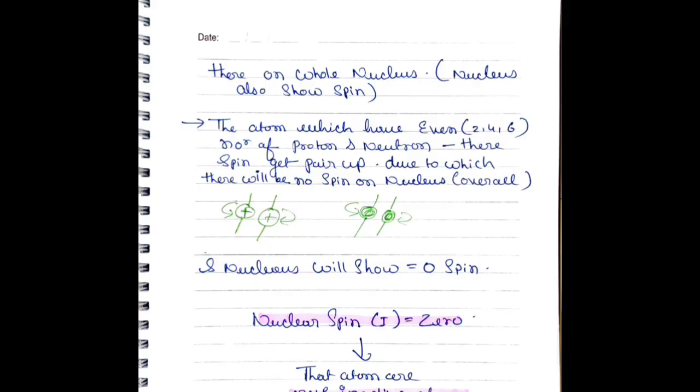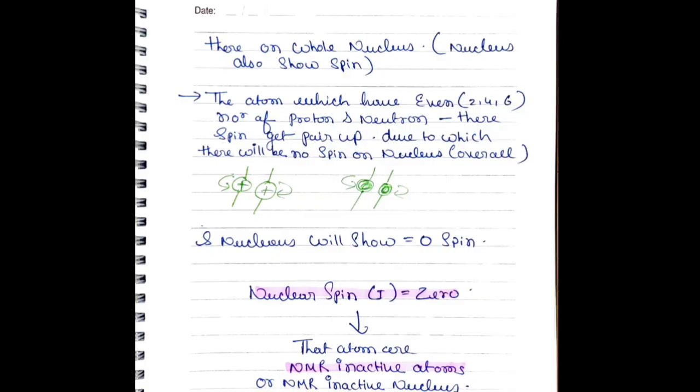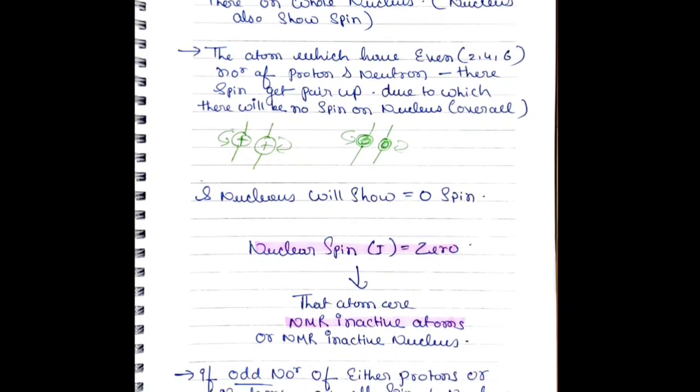If an atom has an even number of protons and neutrons, like two protons and two neutrons, or four protons and four neutrons, their spins get paired, and due to this there will be no spin in the nucleus. Because they pair themselves, the overall effect is nullified, and the nucleus shows zero spin.